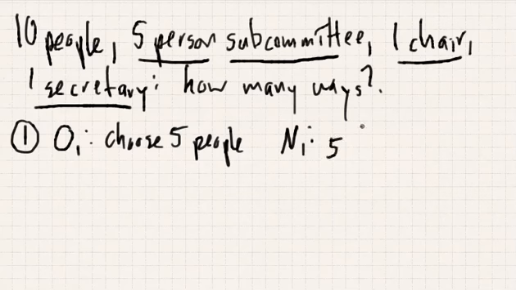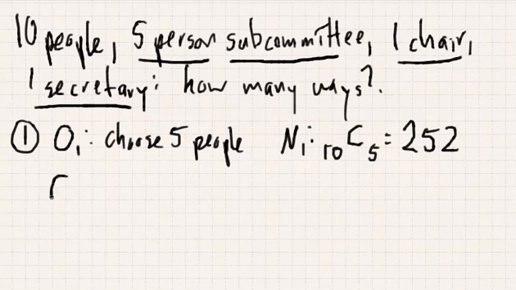Nobody is distinguished above anybody else, so it is 10 choose 5, which I will let you calculate yourself, but the number here happens to be 252.